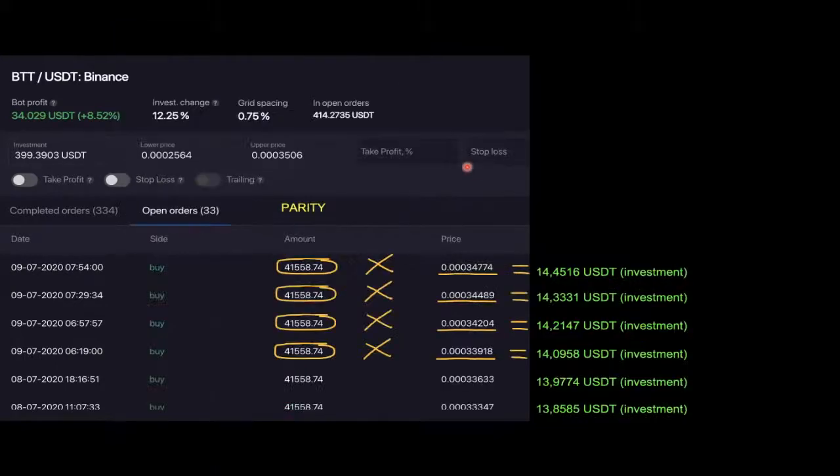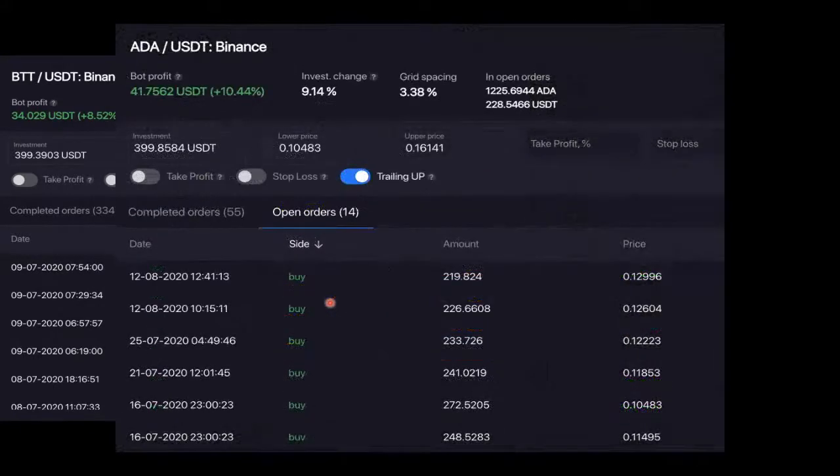So once again, in case of the classic bot, the parity is in the amount, whereas in case of the Asbot, the parity is reached in the investment allocation. And that leads to sometimes different results.